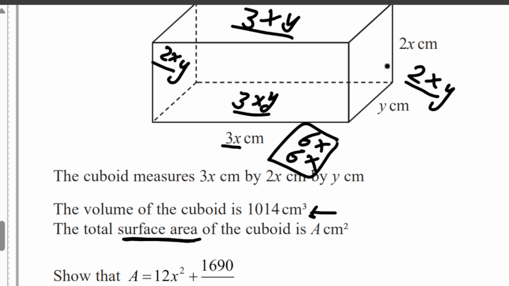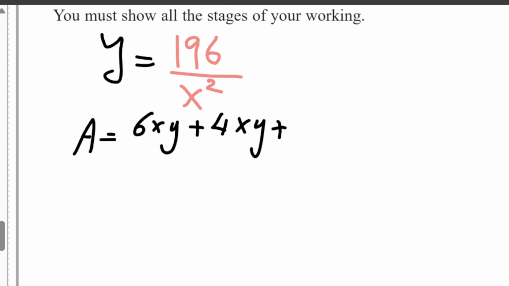Because 3x times 2x is, yeah, it's 6x squared and 6x squared, so it's 12x squared. Now the area equals 6xy plus 4xy is 10xy plus 12x squared.